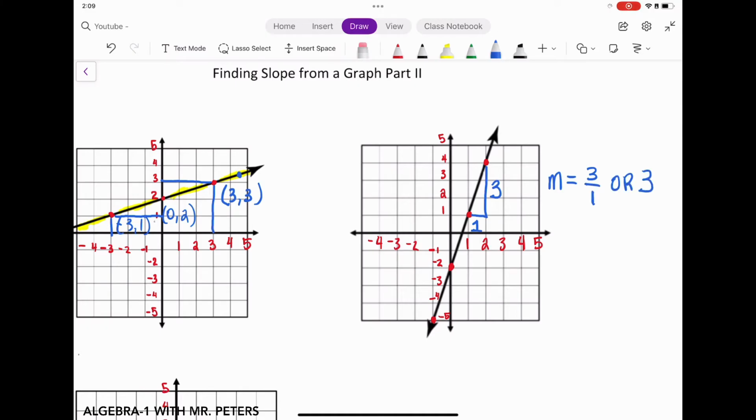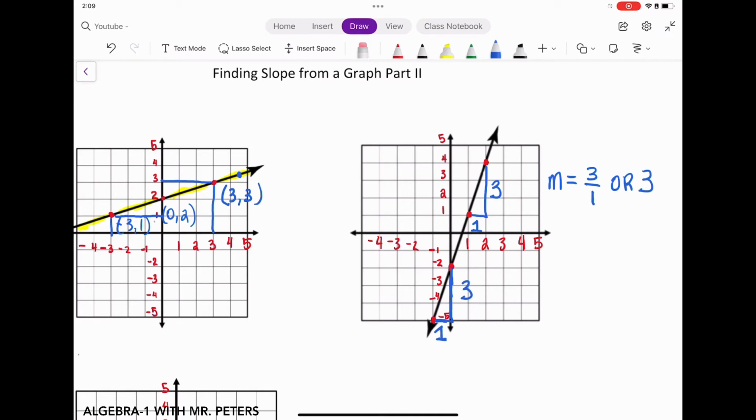Now let's say I went down to the bottom 2 dots and I did the same exact thing. I connected these 2 dots, kind of connect them in a triangle, and now I just count my rise over run. So when I look, my run was 1 and my rise was 3 again.